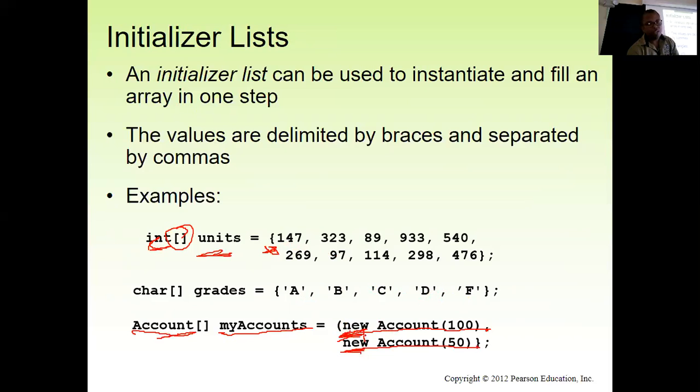Down here, I have to use the new keyword to basically say create an object type. And then, of course, whatever comes after the object type, the constructor here, has to match one of the constructors. So there must be an account constructor that takes in an integer value, for example, for me to do that. Everybody see that? Yes?